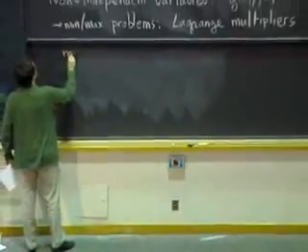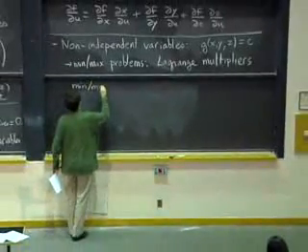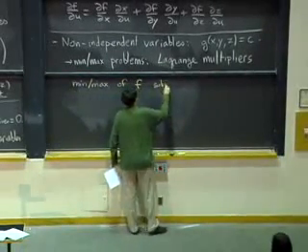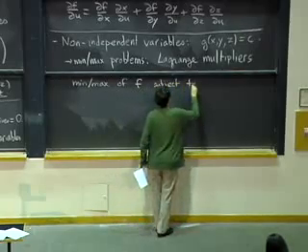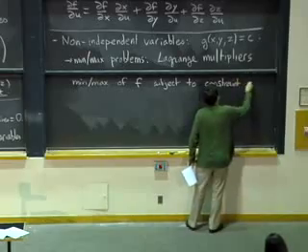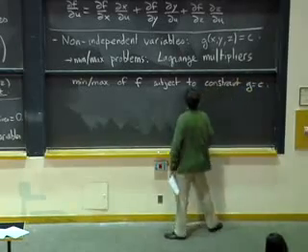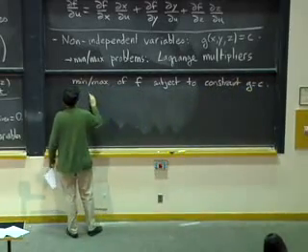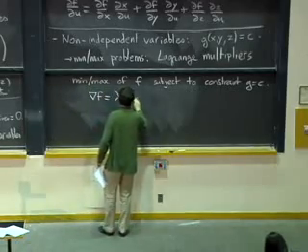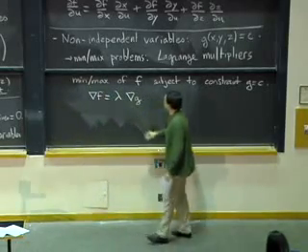So remember, to find the minimum or maximum of a function f subject to the constraint g equals constant, well, we write down equations that say that the gradient of f is actually proportional to the gradient of g.